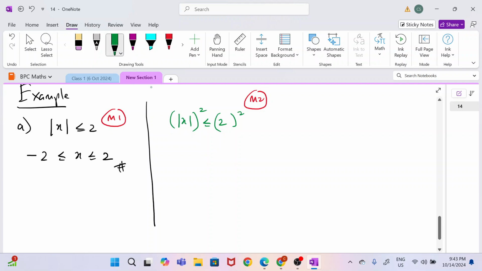Remember, when you square, the modulus is gone. So you just simply write x square here. This is 4. And x square, bring the 4 this side.